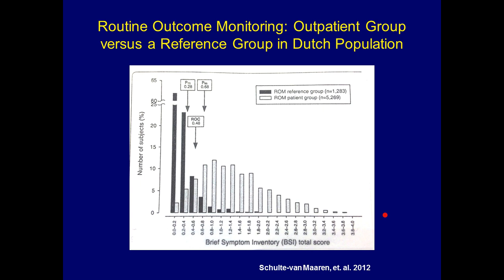And this is a Dutch study, and the normals are the dark bars, distribution of scores, and the patients are outpatients with anxiety, depressive, other conditions, and there are 5,100 of them in this sample, and 1,300 normals.